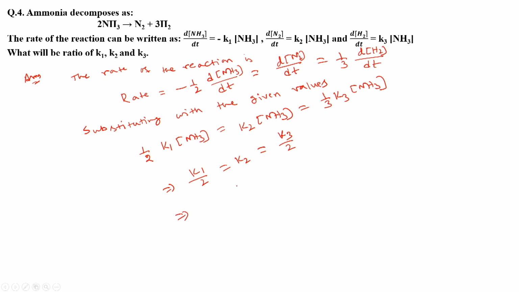Okay, so, if we multiply this whole thing with suppose 2, so we get K1 equals to 2 K2 equals to K3, right.